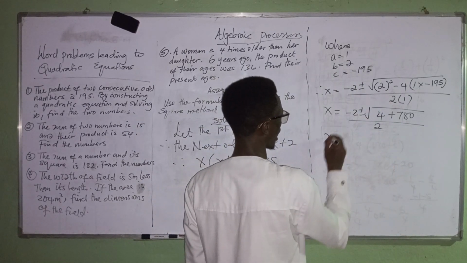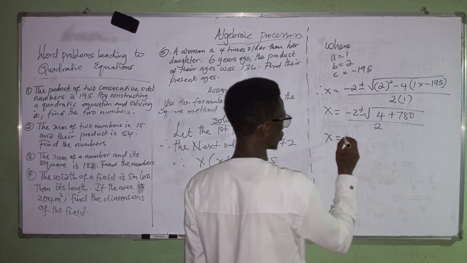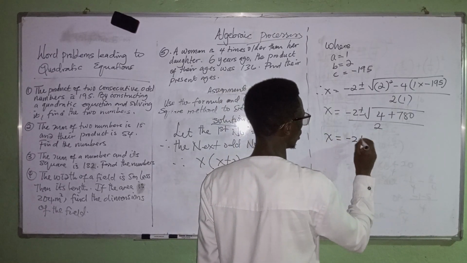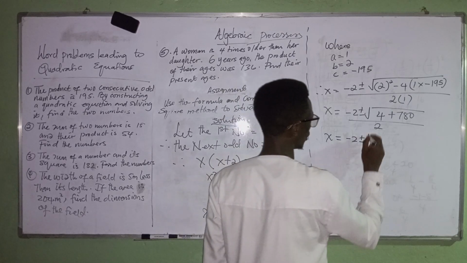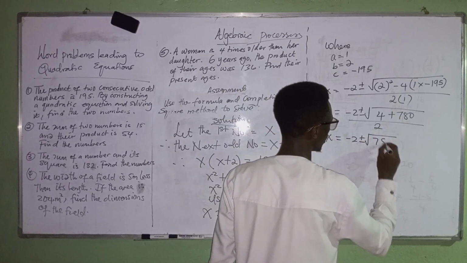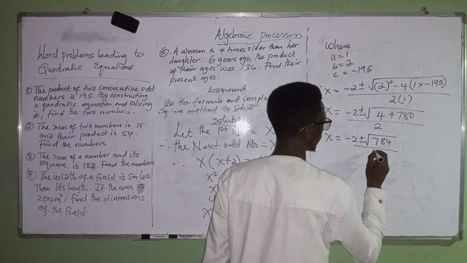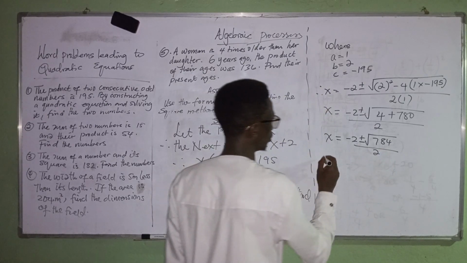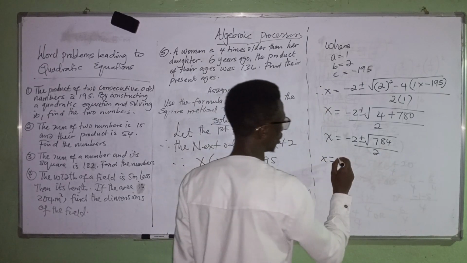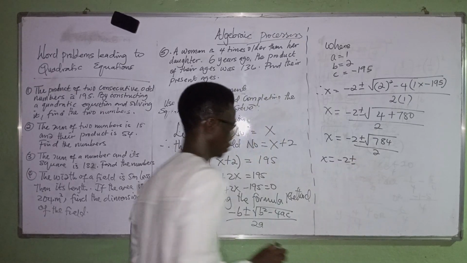Okay? So you have x equals to minus 2 plus or minus square root of 784 divided by 2. So x equals to minus 2 plus or minus.